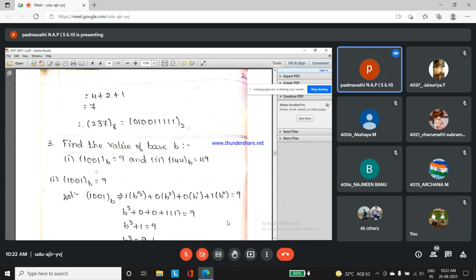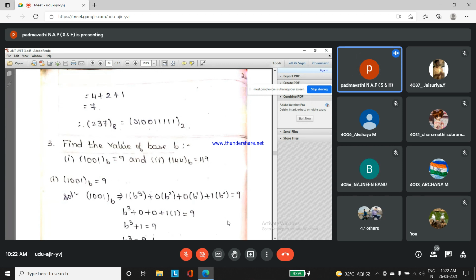Then the next question: 144 base b is equal to 49. Now to find b, solution for 1001 base b. Usually if 2 is the base, then we use 2 power 3, 2 power 2, 2 power 1, 2 power 0. Same method here; now the given base is b.